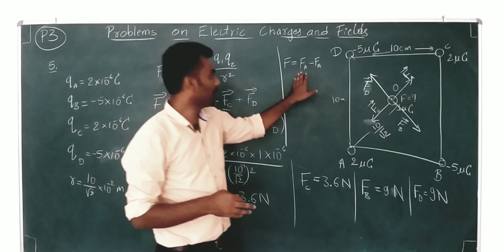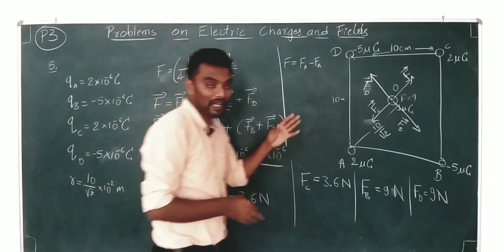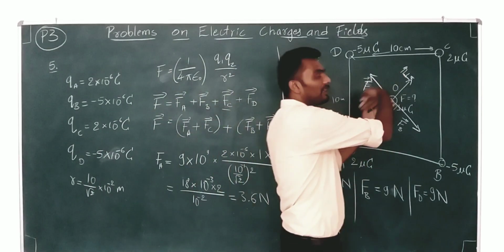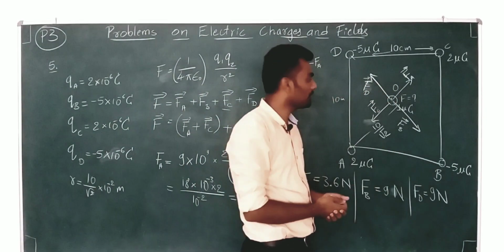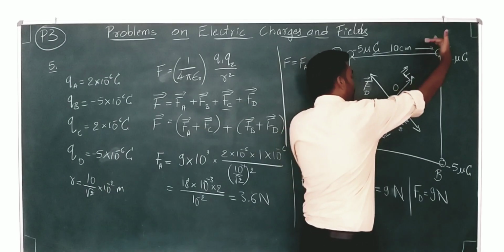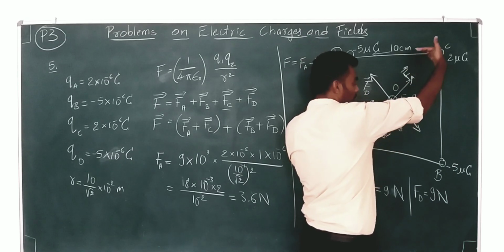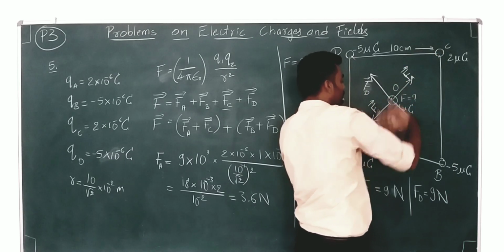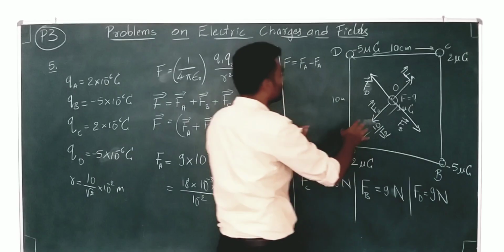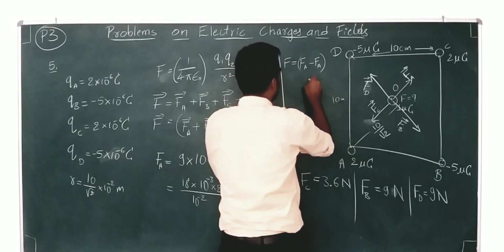So I can take them as Fa minus Fa itself, because Fc is minus Fa. Why minus? Because it's exactly in the opposite direction. Or physically, both C and A are pushing this charge because both of them are repelling with the equal amount of force, so the net force will be 0 due to them.